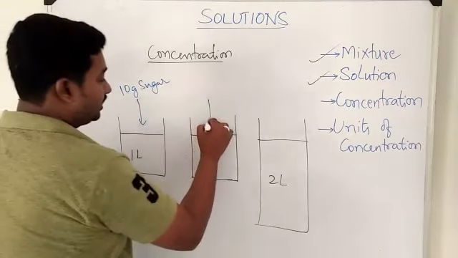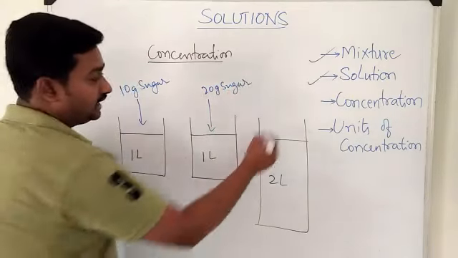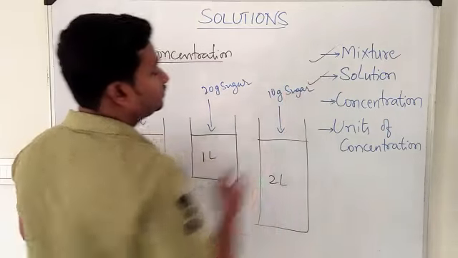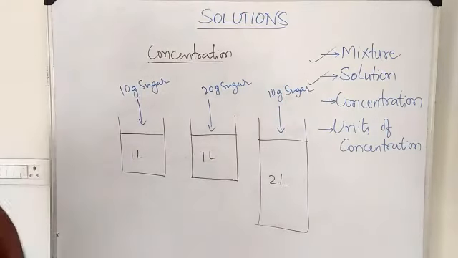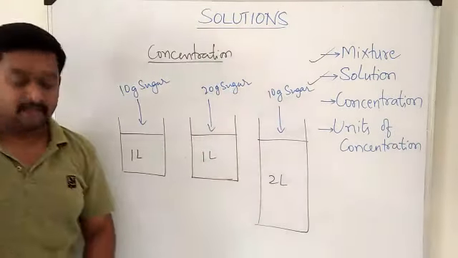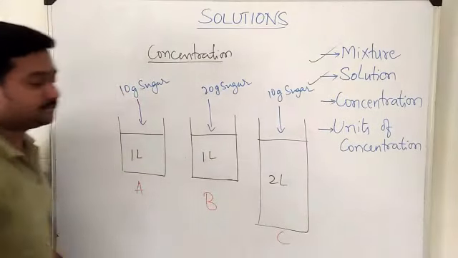In second case I am adding 20 gram sugar. In third case I am adding 10 gram sugar. Please understand these: 10 gram sugar in 1 liter, 20 gram sugar in 1 liter, 10 gram sugar in 2 liters. And I would call these systems A, B and C.